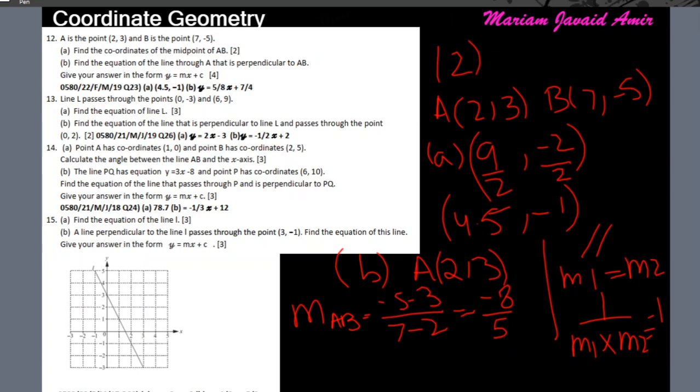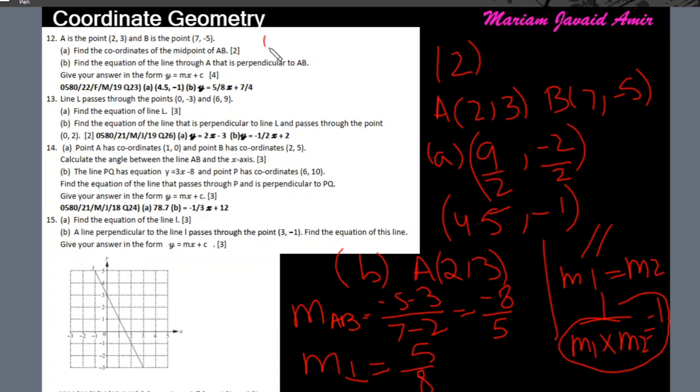So now the slope of the perpendicular line will be, either use this formula, multiply the two and make it equal to minus 1, and then cross multiply, or you can use a shorter method, that is take negative reciprocal of this to get the perpendicular slope. So its sign is negative, flip the sign and take reciprocal. Negative reciprocal means flip the sign and flip the fraction. So 5 over 8 is the slope of the perpendicular line.